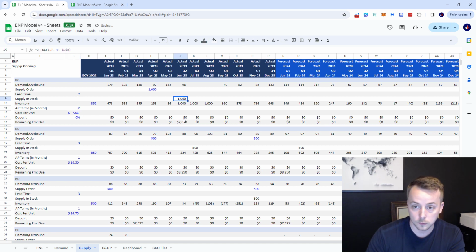So then when those units arrive in inventory, that's when you need $7,000 if the cost per unit is $7, right? But if you have to put a deposit, let's say you have to put 25% deposit at the time of order, what it'll do is it'll tell you how much cash you need at order, right?